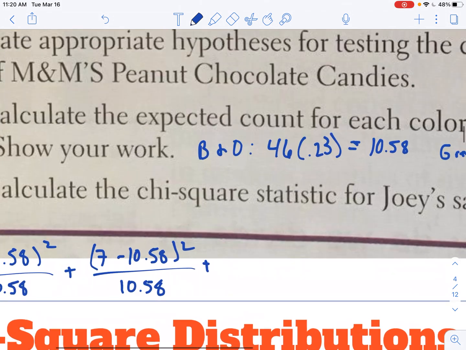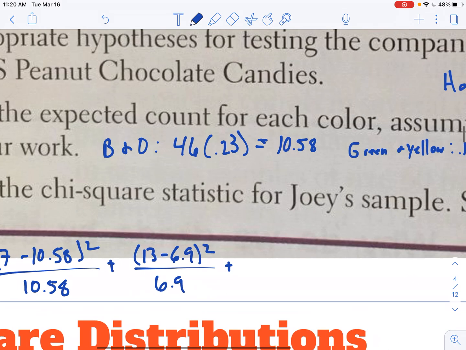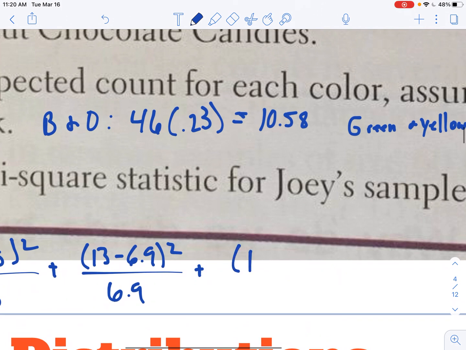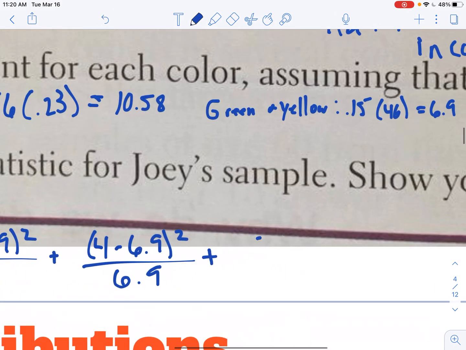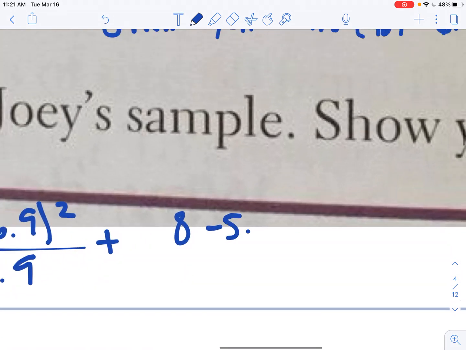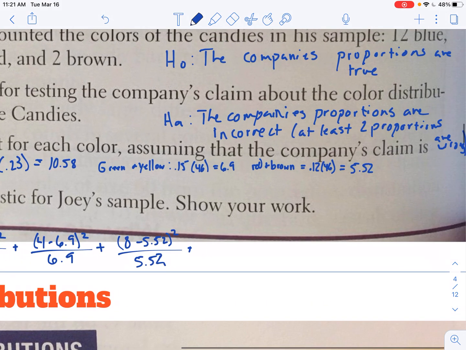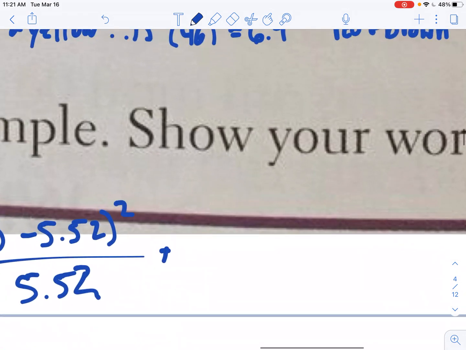We had 13 green, with an expected value of 6.9, all over 6.9, plus the yellow, where we had 4, minus 6.9 for the expected value of yellow, squared over 6.9. And we will do this with red and brown, plus 8, minus the 5.52 for red, all over 5.52. And then plus 2 brown.